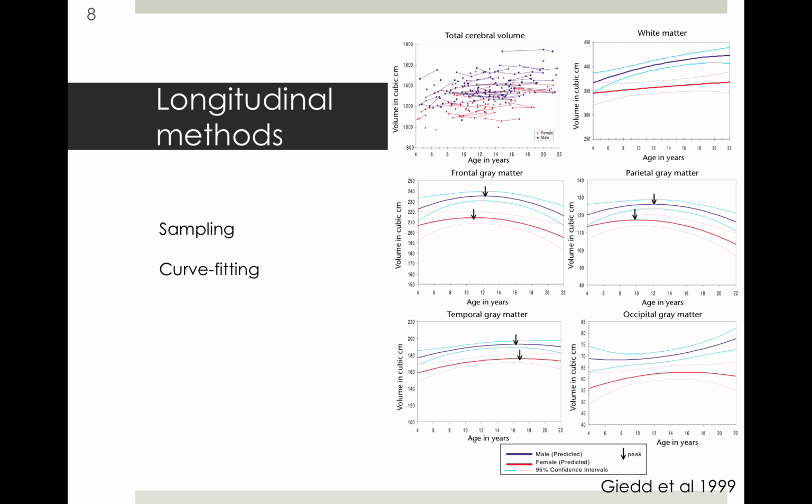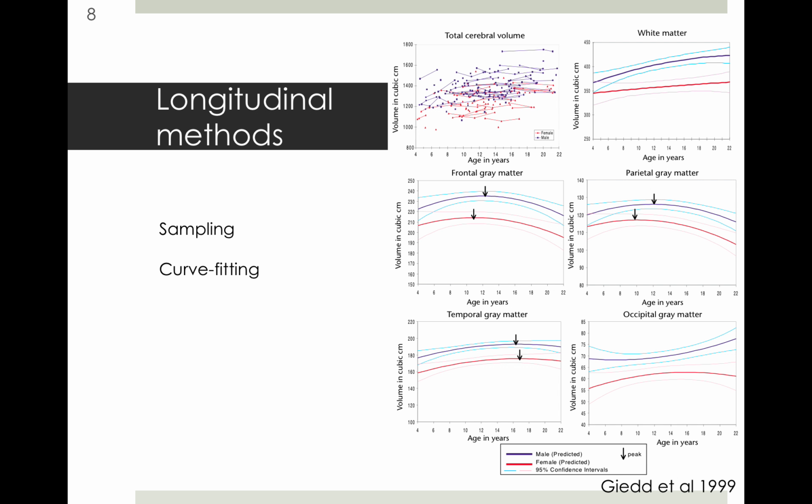On the top left, what I'm showing you is a view of how the researchers were able to plot these developmental trajectories. Each subject is 1 point, and if they came in multiple times throughout several years, they would show up as connected points.